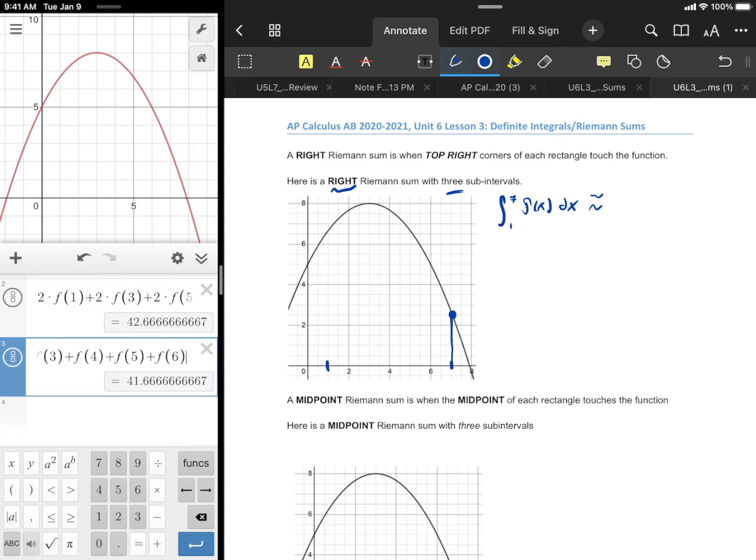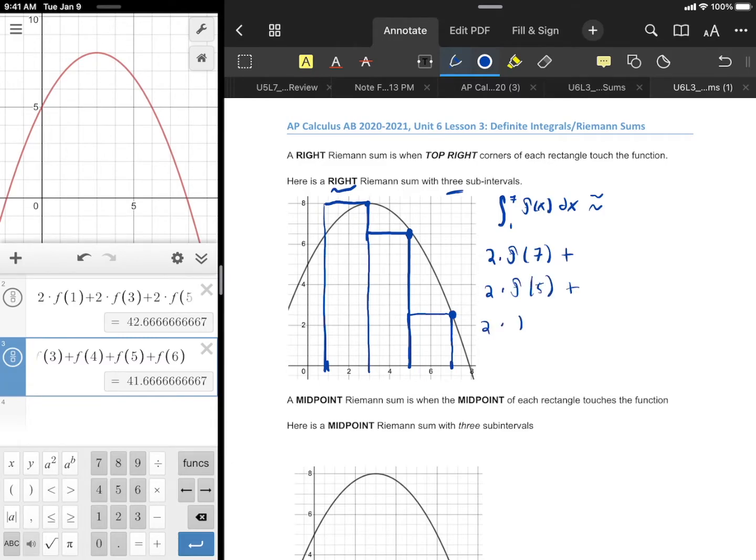So I'm going to go over 2 spaces, because I need to fill this entire distance with just 3 rectangles. So we've got f of 7, f of 5, and now f of 3. So in this case, what we would have here is 2 times f of 7 plus 2 times f of 5 plus 2 times f of 3.